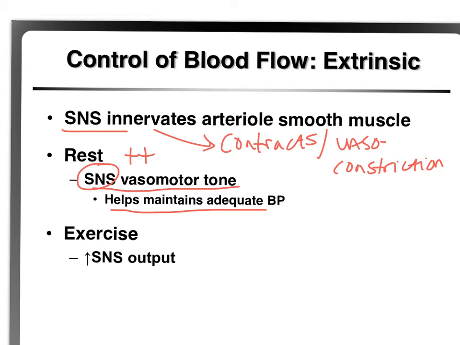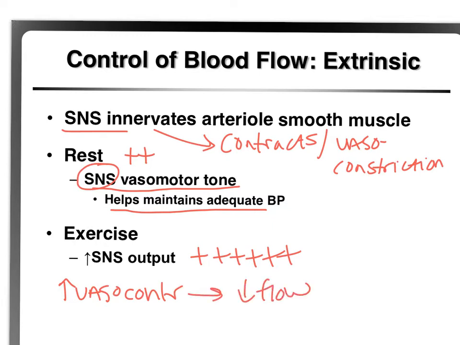When you exercise, we get an increase in SNS output. Okay, so you're going to get more vasoconstriction to your arterioles, which is going to cause a reduction in blood flow. And that sounds good. That sounds fine.